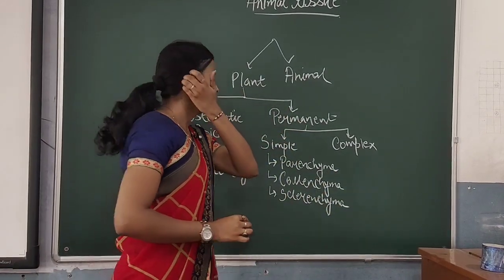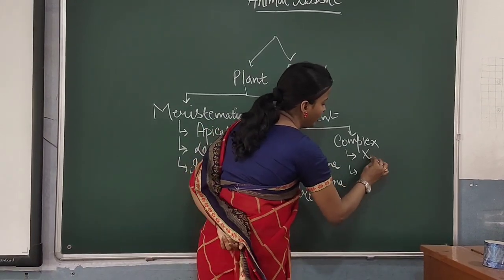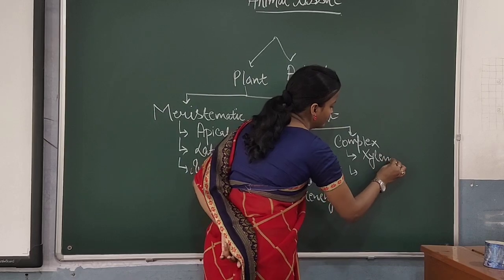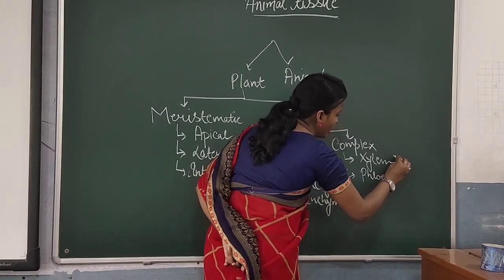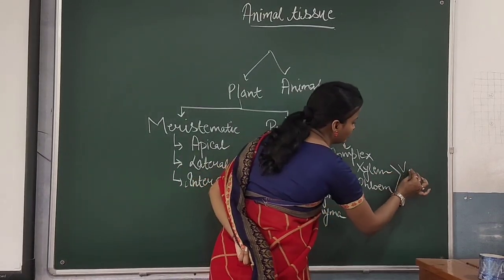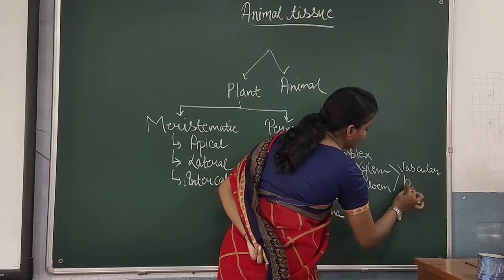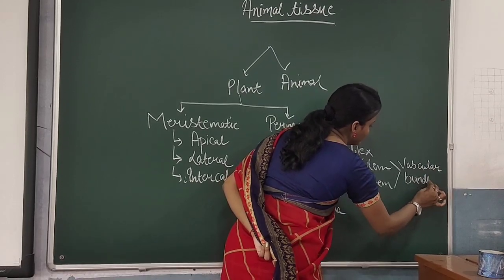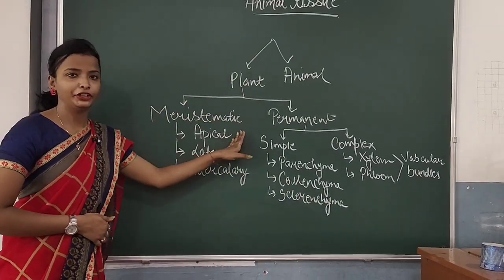And the complex permanent tissue is of two types: xylem and the second one is phloem. These two act as the vascular bundles. So this is the quick recap of the plant tissue.